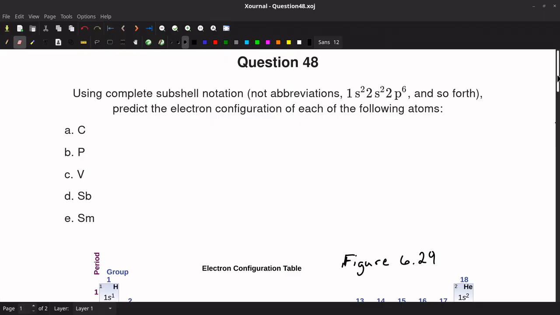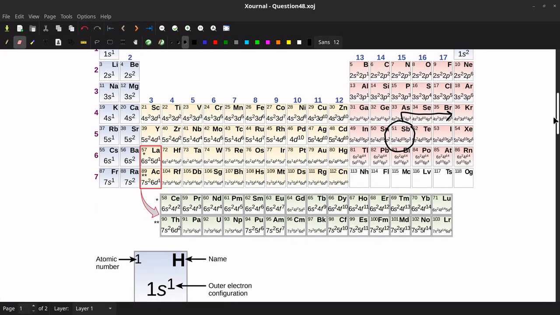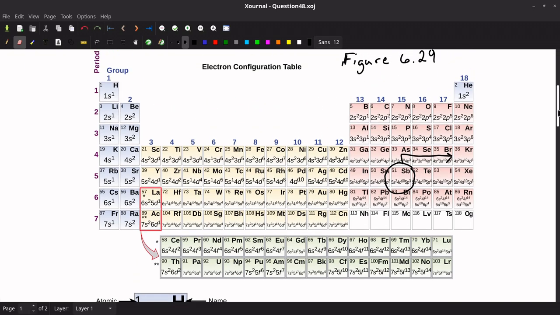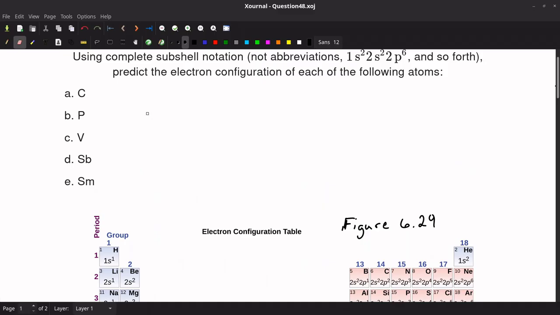Finally, let's take a look at Sm. Sm is way down here. It's one of the lanthanides. So what we're going to need to do now is not let too much of this sway us, okay? We're going to start by writing down the symbol just like we did before, Sm.